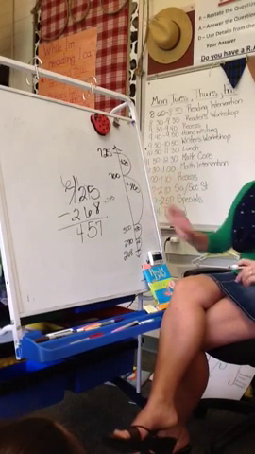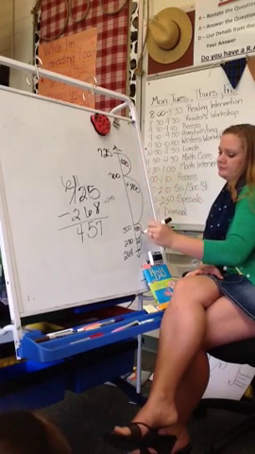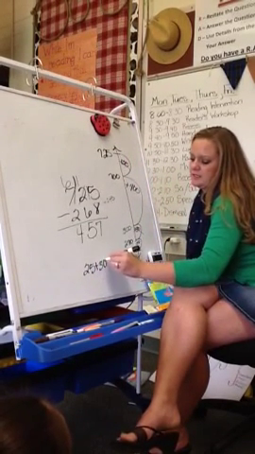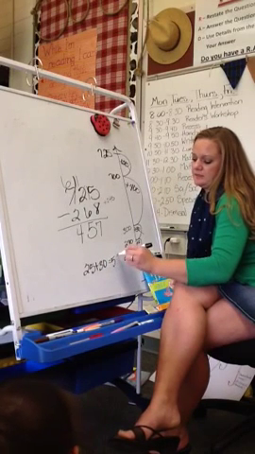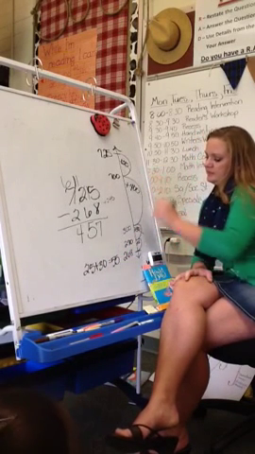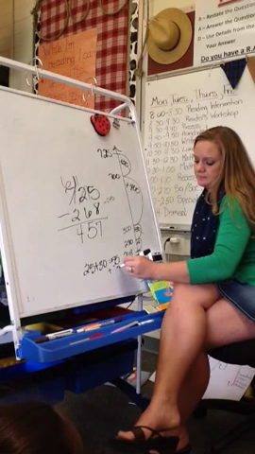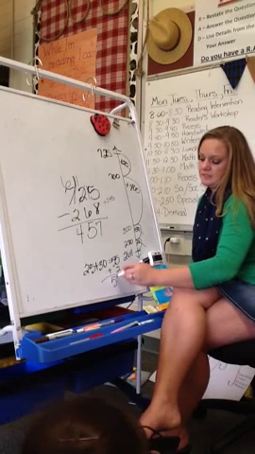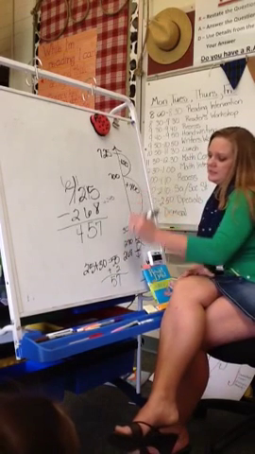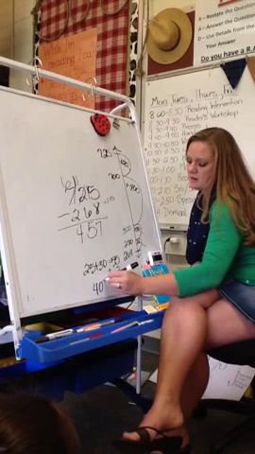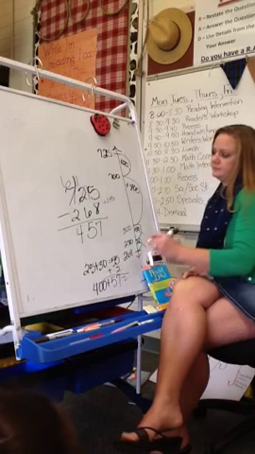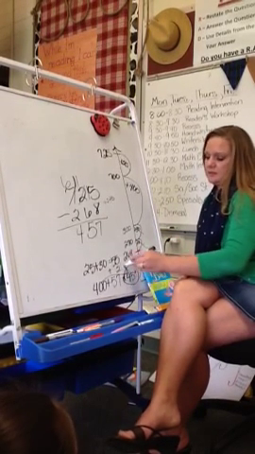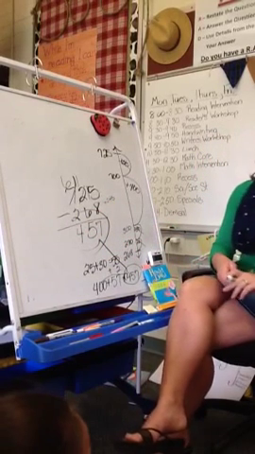What's 25 plus 30? 55. What's 55 plus 2 more? 57. And what's 57 plus 400? 457. Did we get the same answers? Yeah. Okay.